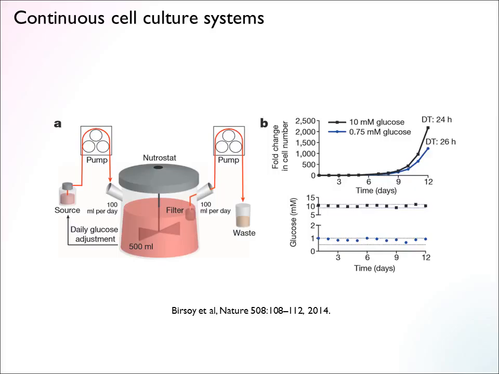So there are these contraptions. People build these Nutrostats. This is a recent example from a Nature paper from David Sabatini's group. And sure enough, in these systems, you can ensure that you have a robust and physiological glucose concentration, for example. So that's one possible improvement to make cell culture a bit closer to physiology.